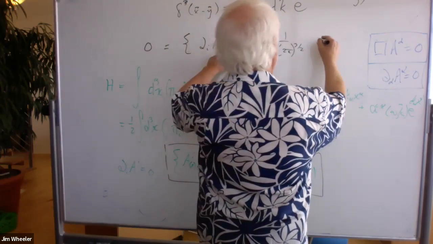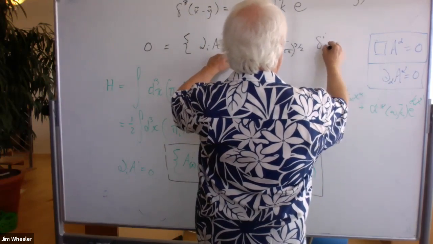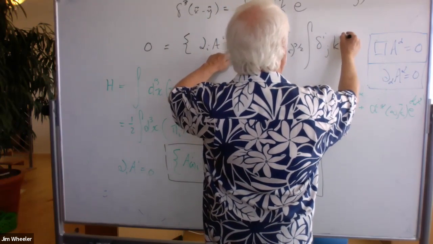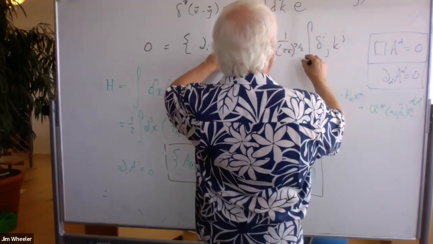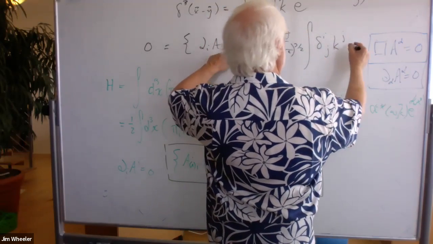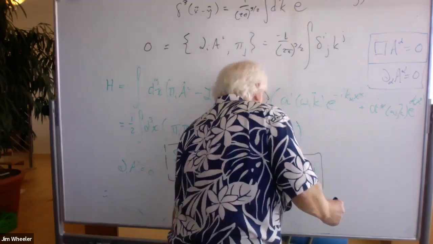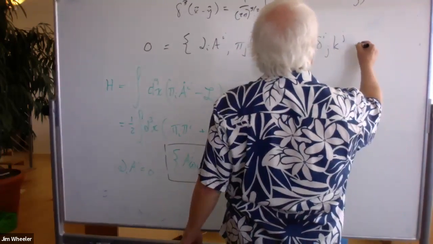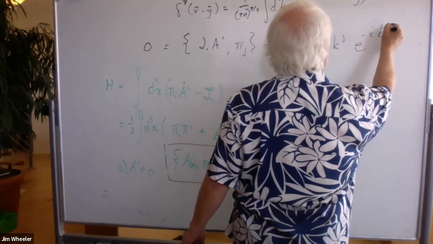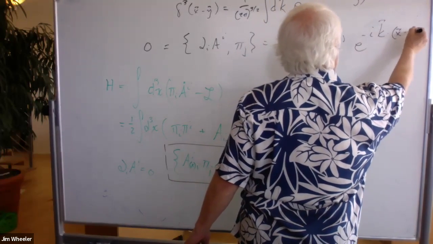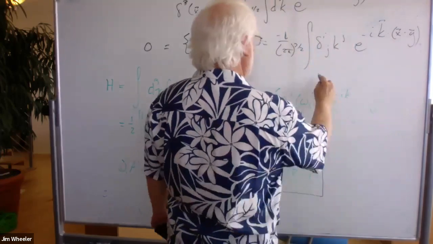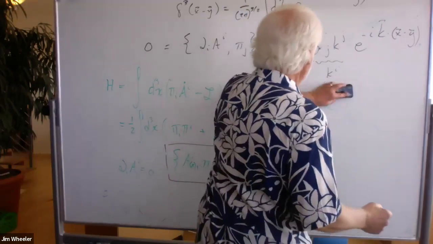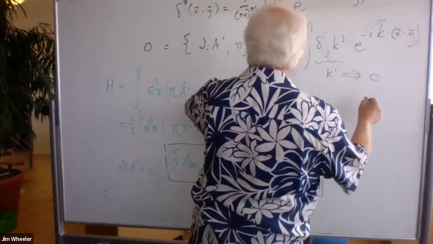So here we have a delta_ij under the integral, and we're going to pull down a k_j. We have a minus i, and so you know this doesn't work, right? But we can fix it. So, you know, this just gives a k_i, but what we really want it to give is 0.